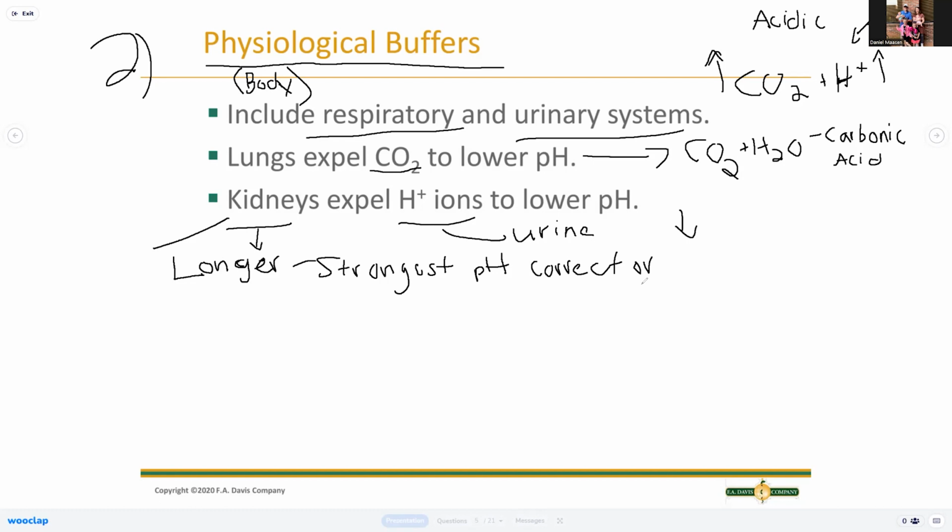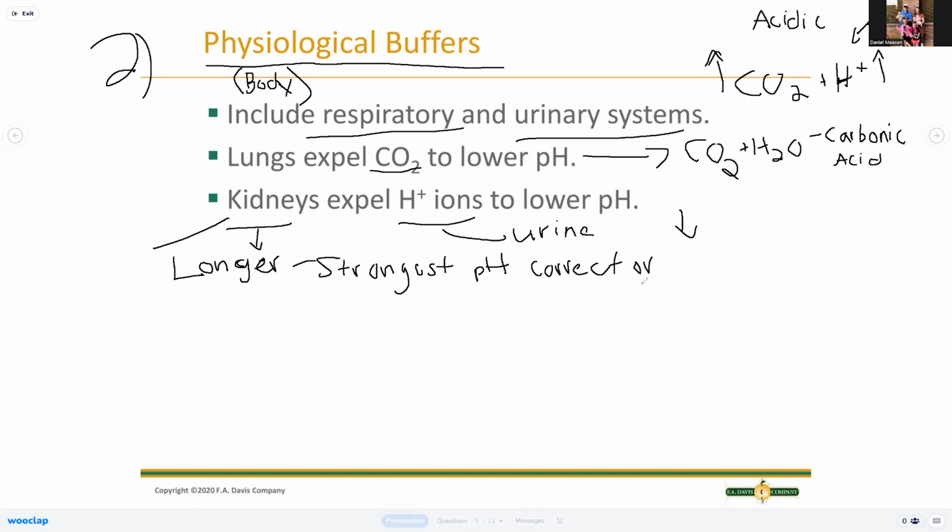And that's what the images on page 416 are showing you. I think the good chart to look at on page 416 is the one on the bottom right. It talks about how not everything works at the same time, but gives you a premise of everything. Chemical buffers respond instantaneously, within seconds.